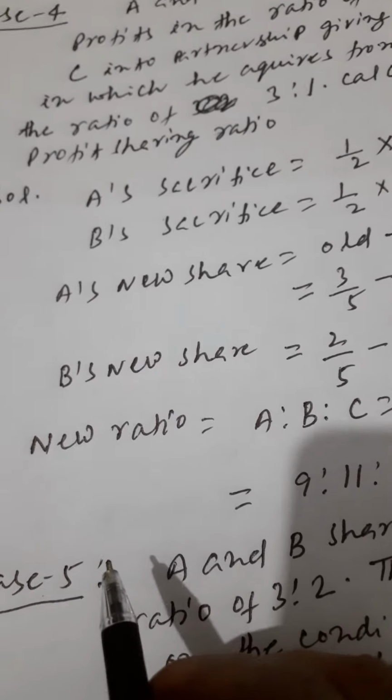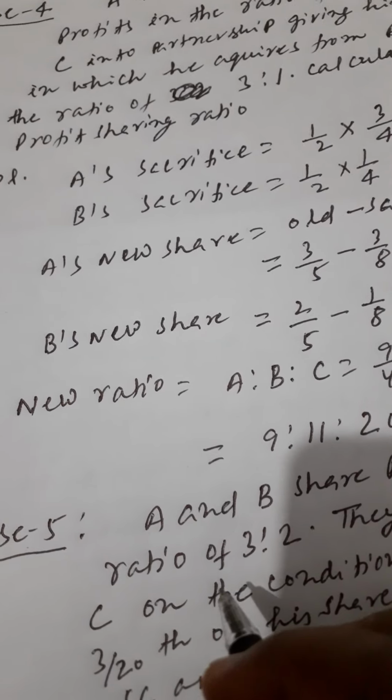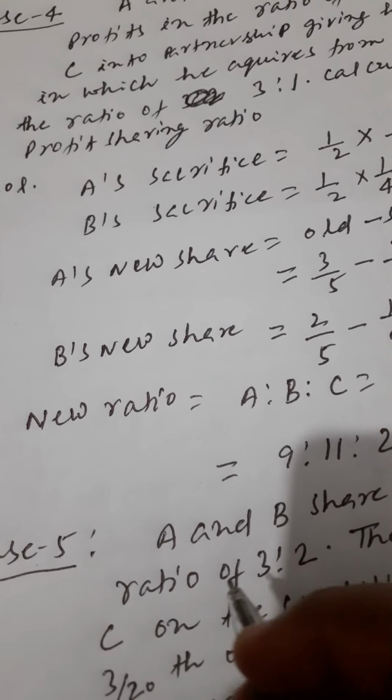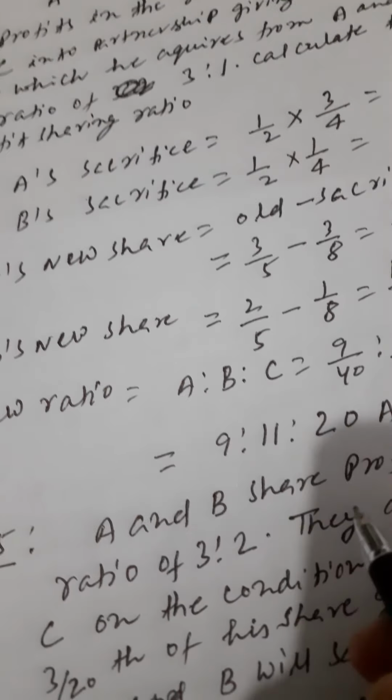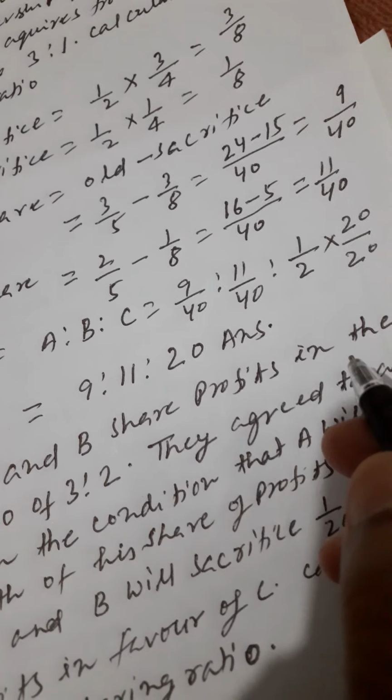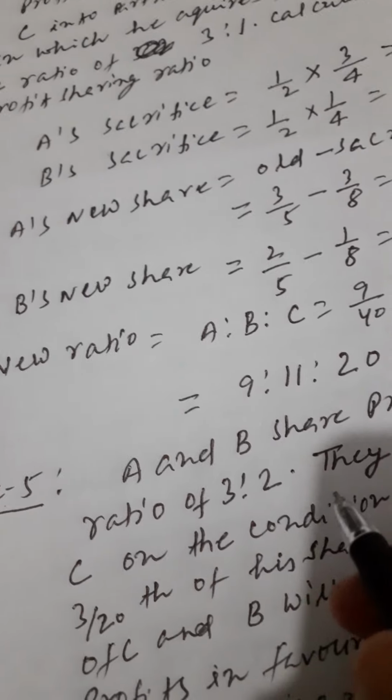Now case number 5. This is another case and the last case in this type of question in admission of partnership. Suppose A and B share profits in the ratio of 3:2.